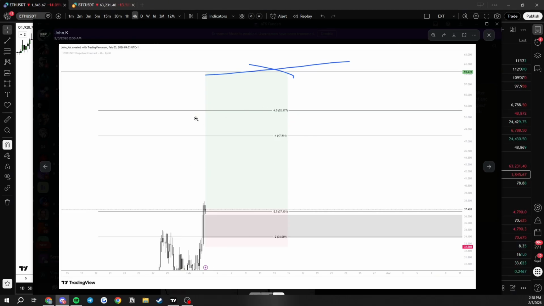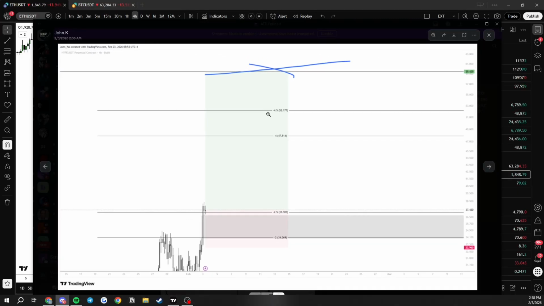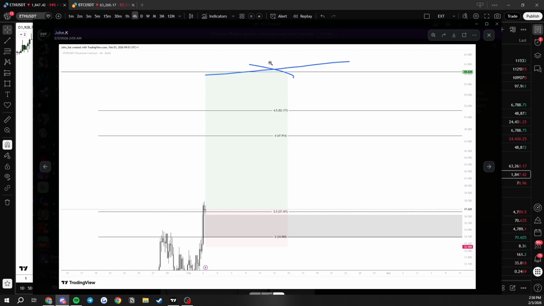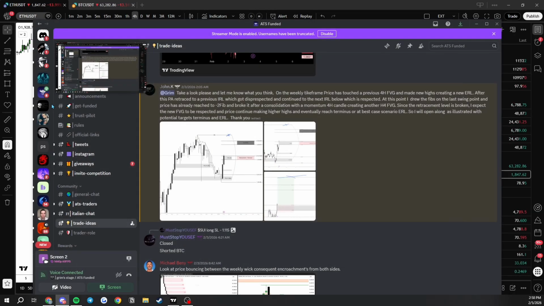Also, usually, if my liquidity is higher than my projection, I will take some off at the projection more often than not, as opposed to trying to ride the full move. Because there's going to be times where it goes against you, and once again, our job is to be profitable. We're not trying to be in the business of, hey, we're right about things. We're trying to be in the business of we make money, right?